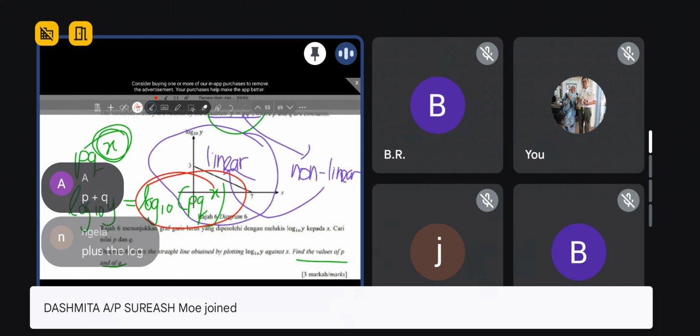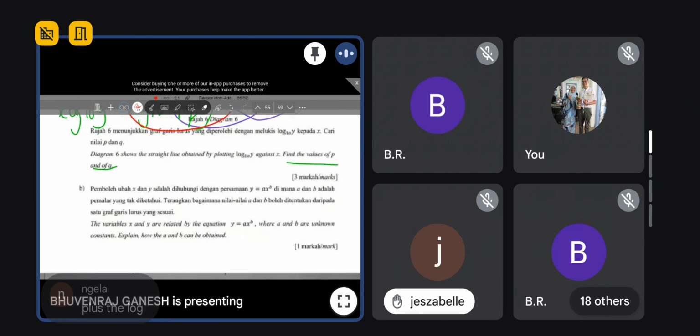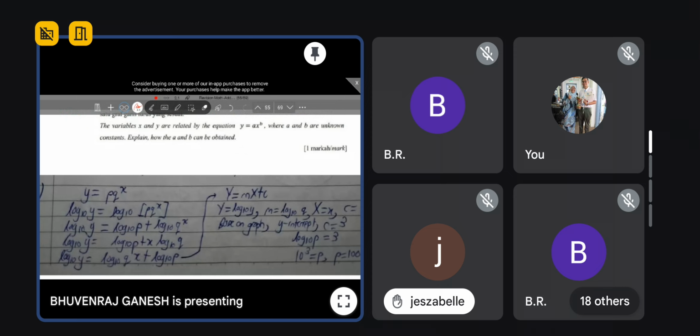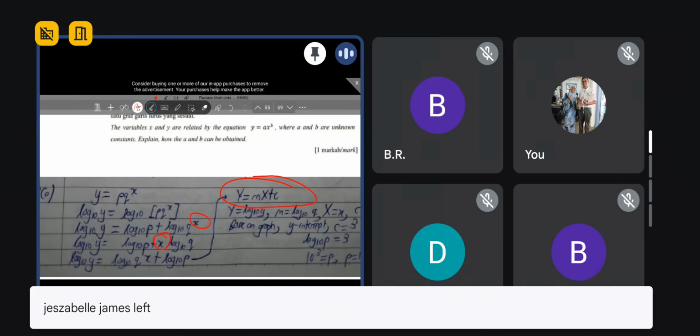Whenever there are two things multiplied in log, we can add. So that's why you will get something like this. You will add the logs. And then as Bowen said, kuasa we can turunkan. We bring down the power to get x. And then you rearrange in the general form of a straight line. Kamu susun dalam bentuk linear. Y equals mx plus c.